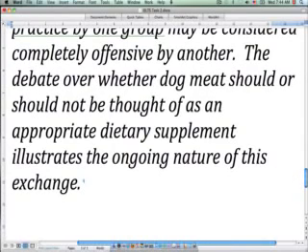So what kind of exchange is this? Well, the nature of this exchange is ongoing, so this is not a new debate. This is something that's a little bit older. Okay, now what we want to do is present both sides of the argument.